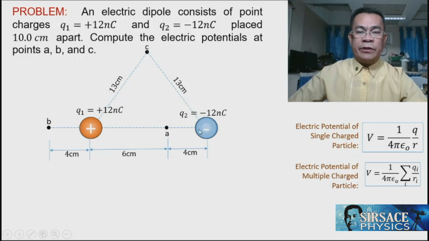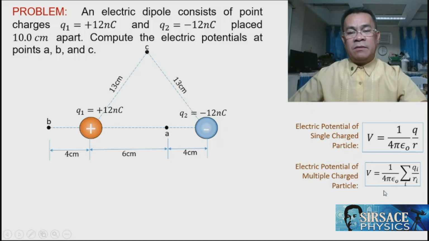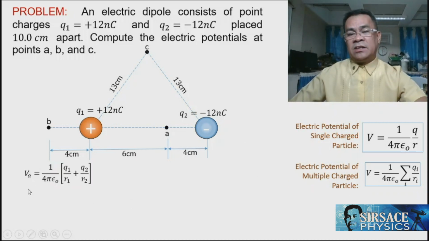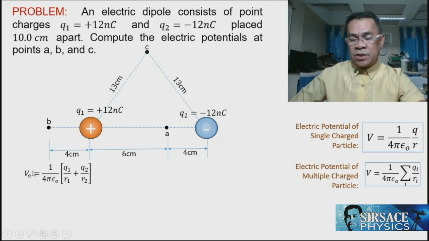So the point here experiences an electric potential from the two charges, therefore we use the multiple charge formula. What is important is you have to know what R is. So use this formula.